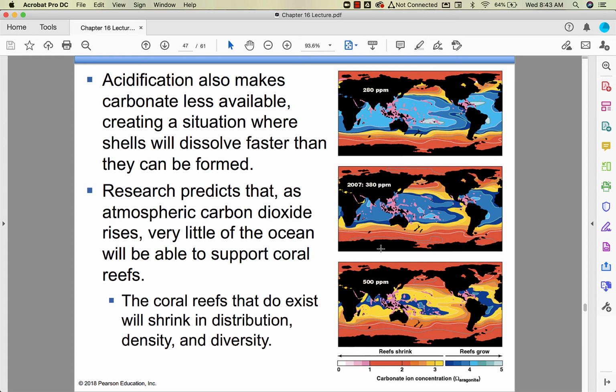Currently, we're over 400 parts per million, so you start to see more of the pink. At 500 parts per million, there are very few areas where reefs are growing, and if they're growing, they're barely growing. So this continual increase in anthropogenic carbon dioxide in the atmosphere is eventually going to destroy biodiversity in the oceans.